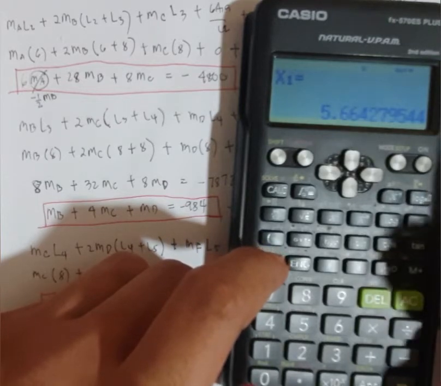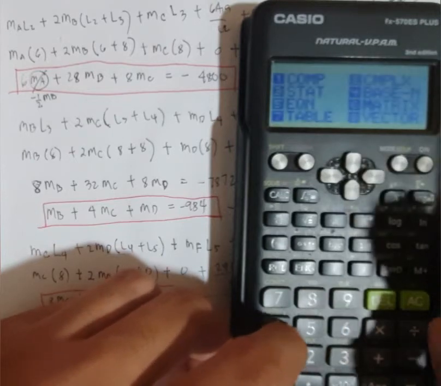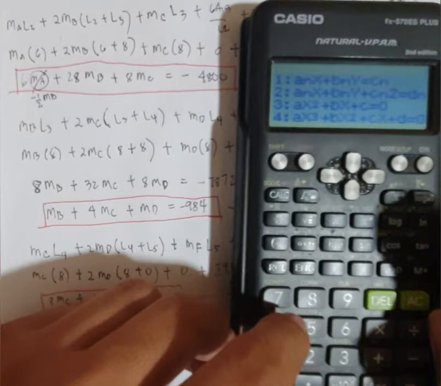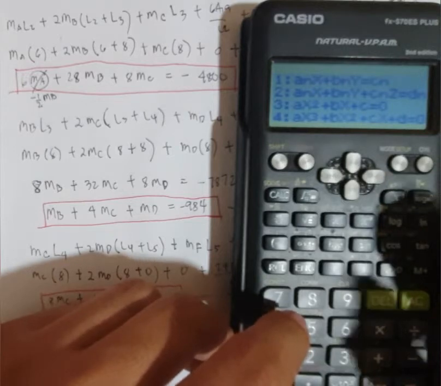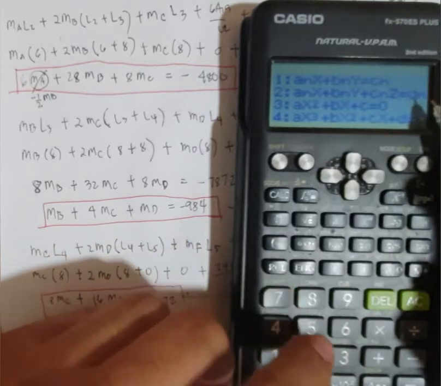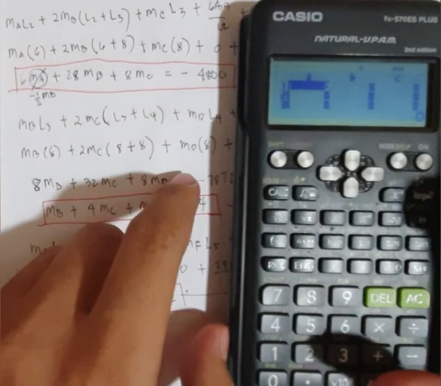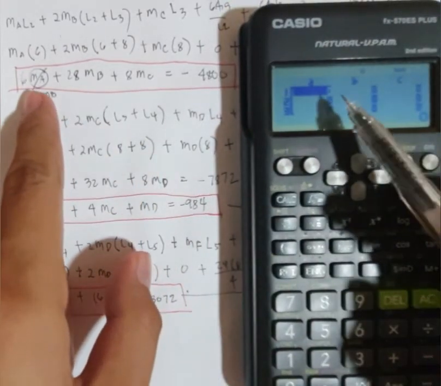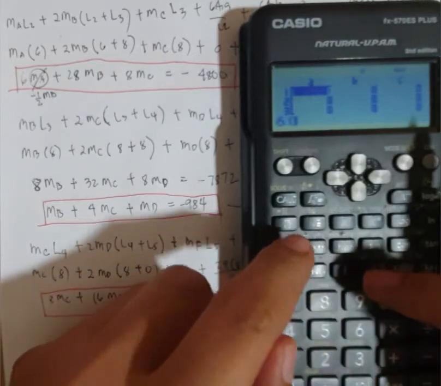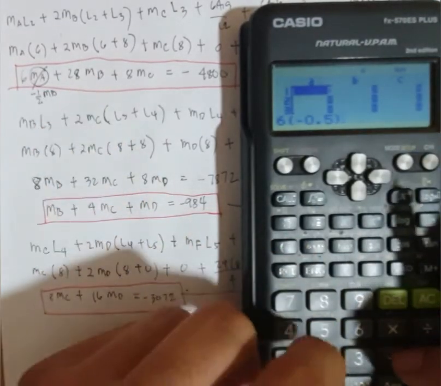It seems the equation we used is wrong. Sorry. So let's go back. For this, that is 6 times negative 0.5 plus 28.